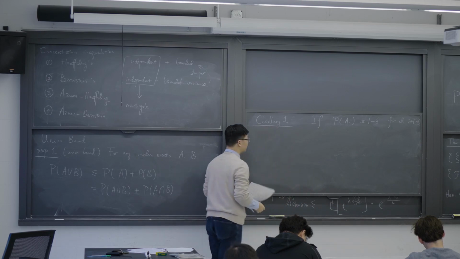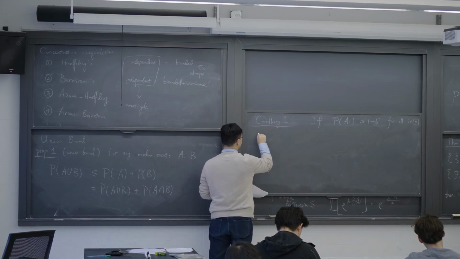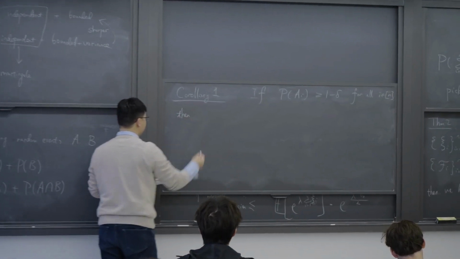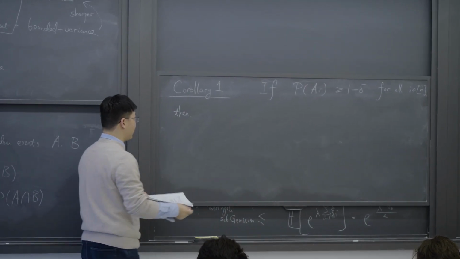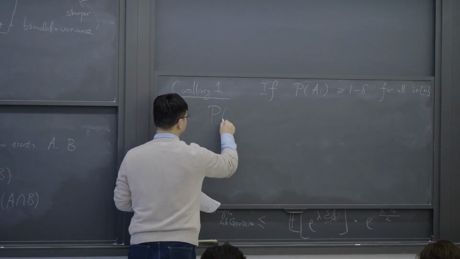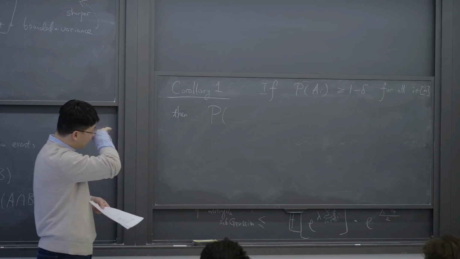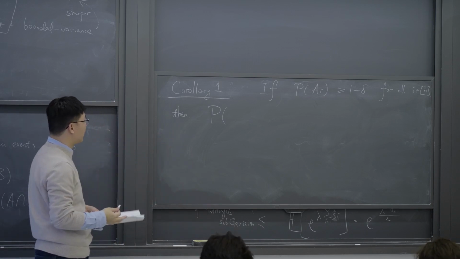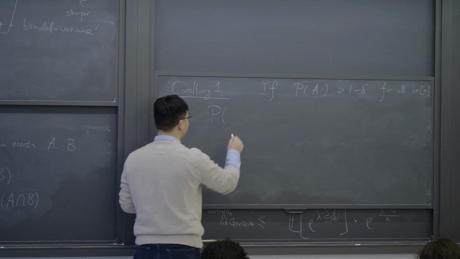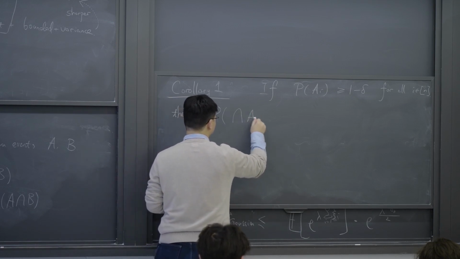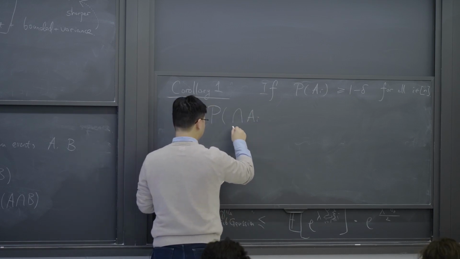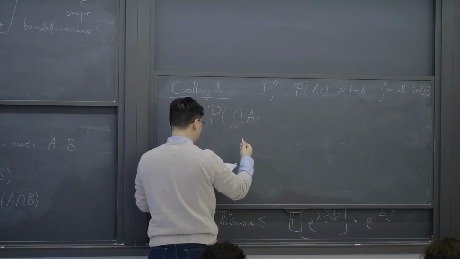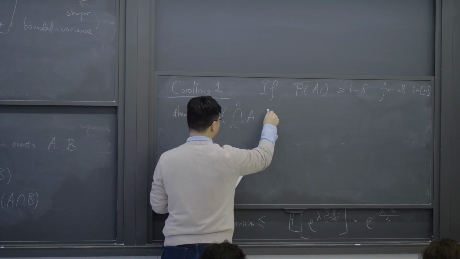Okay. And then we need to calculate the probability of, so each individual event happens with high probability. What I want to know is the probability of all those high probability events happening simultaneously? That is the intersection of A_i, i from 1 to n.